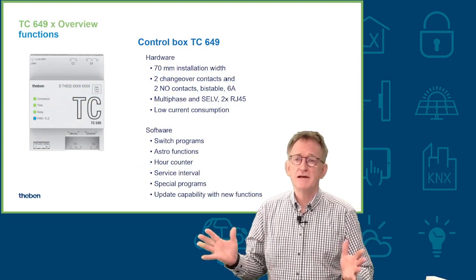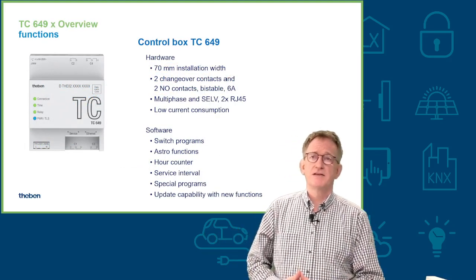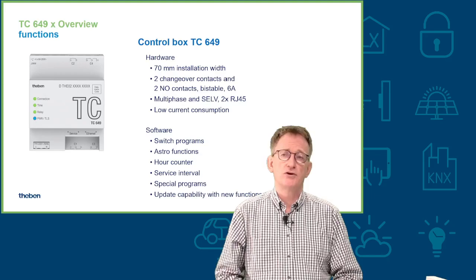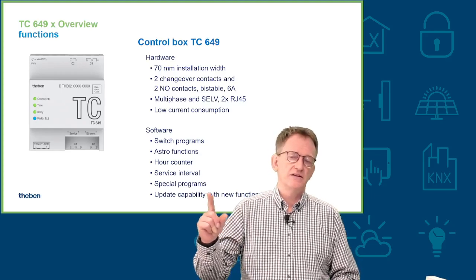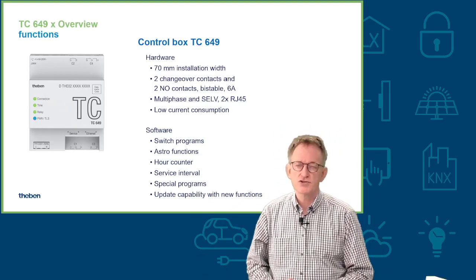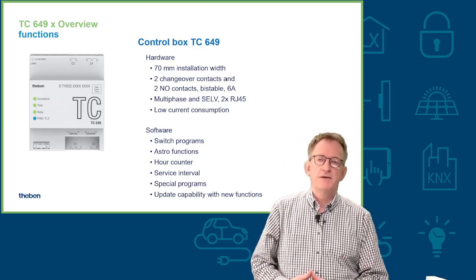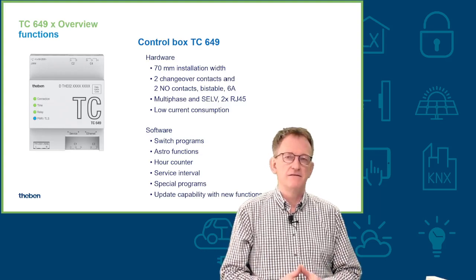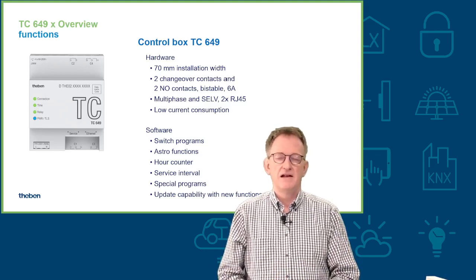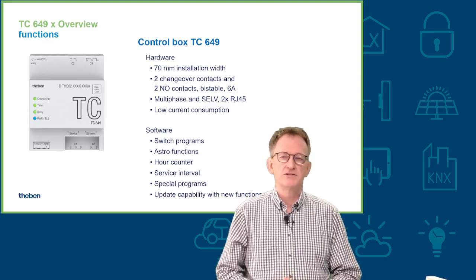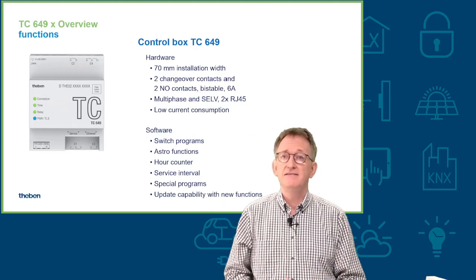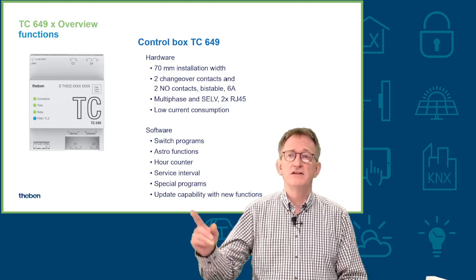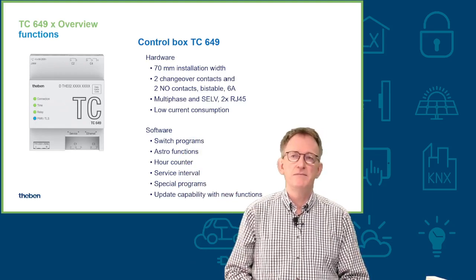In general, about the functions of the TC649, the control box. I do not distinguish here between the different versions of the TC649 because they have exactly the same technical functions, from a load perspective but also from a software perspective. The installation width is 70 millimeters.